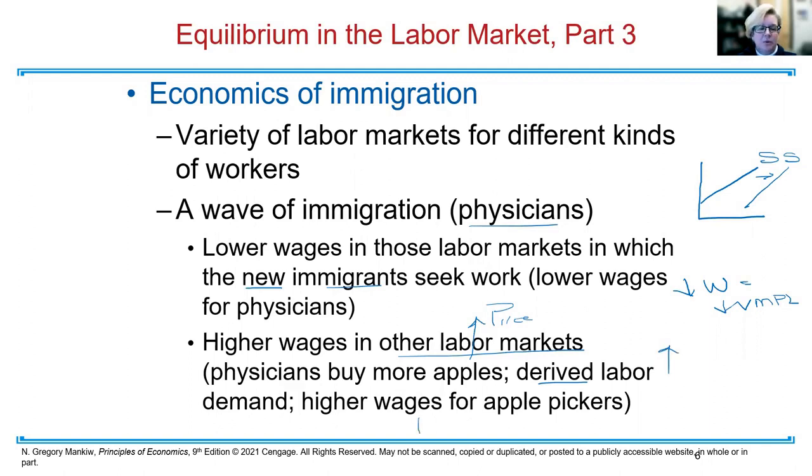And so higher wages for apple pickers because the price went up. And we know that when the price goes up, we take the marginal product of labor times the price, and that gives us the wages. So it can also work in the opposite way as well.